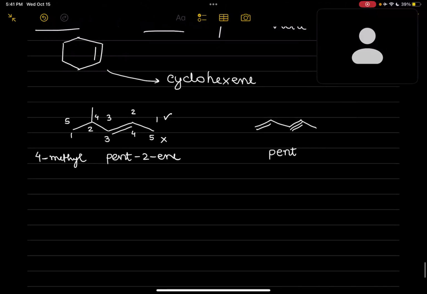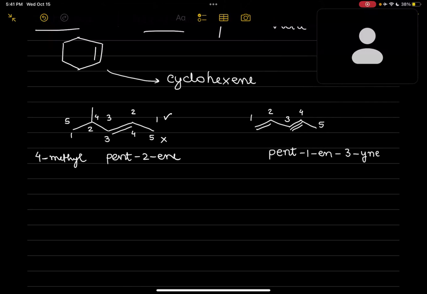If we need to do the numbering from the end which is closer to the multiple bond, so pent-1-en-3-yne.